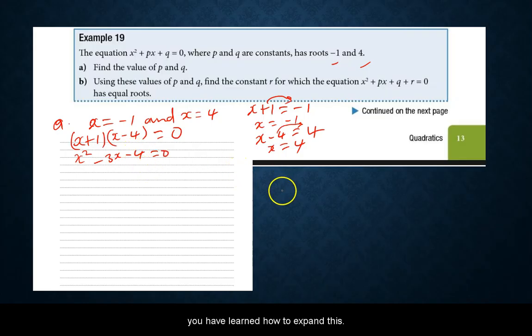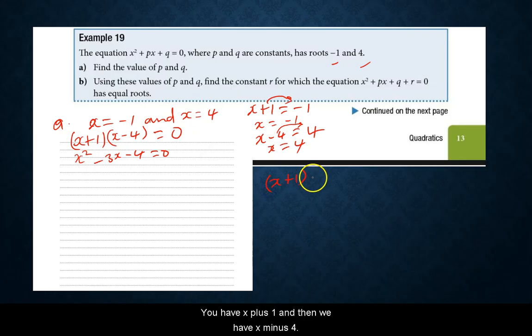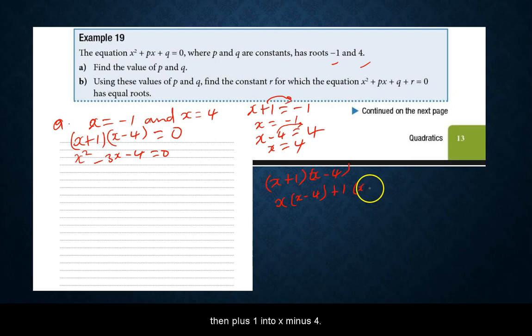Again, IGCSE, you have learned how to expand this. You have x plus 1, and then we have x minus 4. So I can decide to take the first bracket and multiply with the second bracket. That becomes x into x minus 4, then plus 1 into x minus 4.